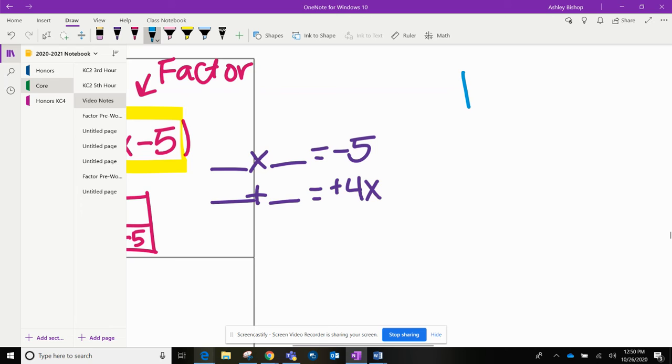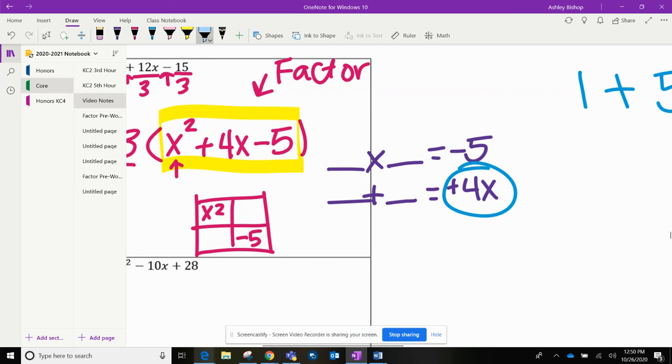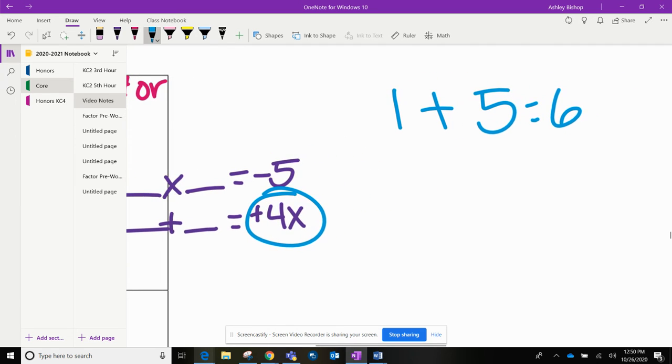And I'm not sure which ones though, because I know you're like, Miss Bishop, 1 plus 5 will give me 6, but I want 4. I want to somehow get 4. So remember, since everything is not positive, I have a negative 5 here. I need to try my 4 different situations. So my 4 situations, remember, is I have my 2 numbers and I add them, and they're both positive.